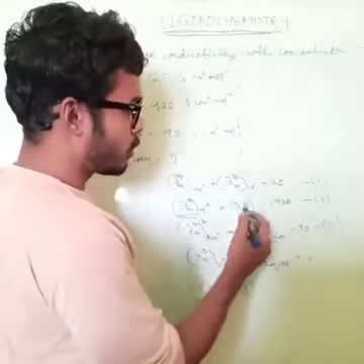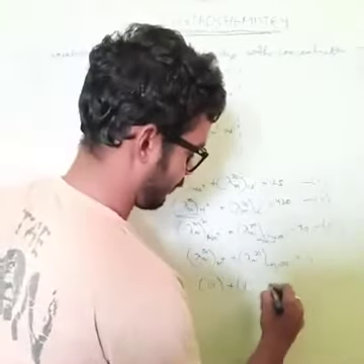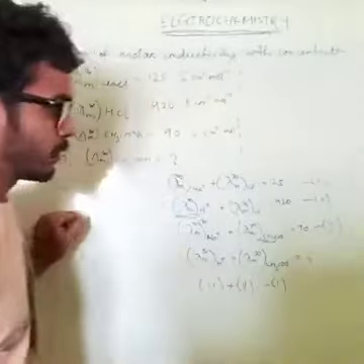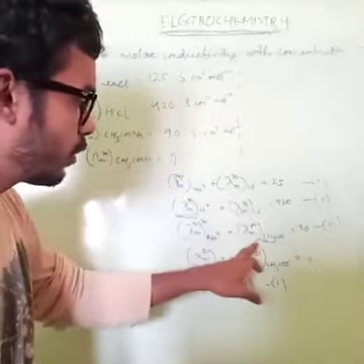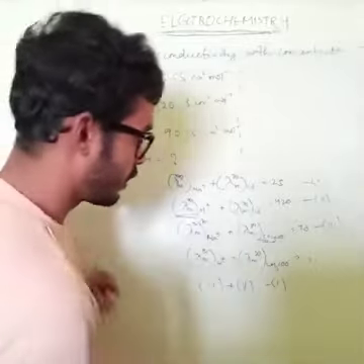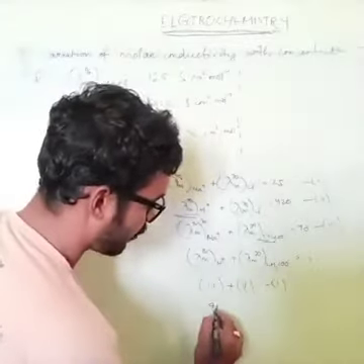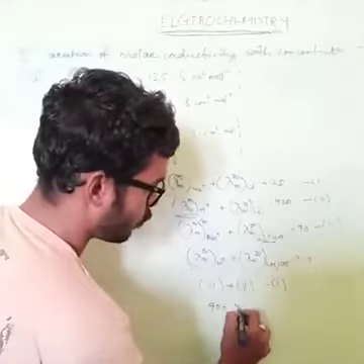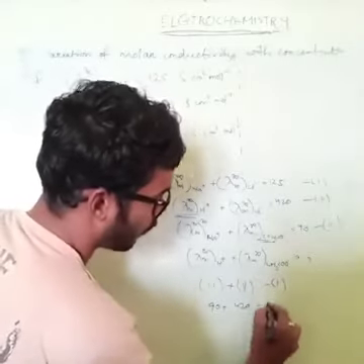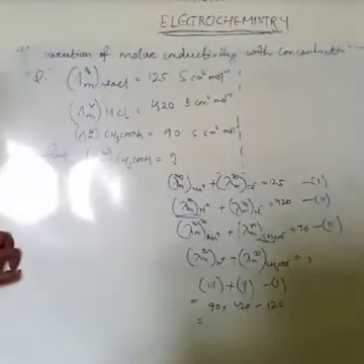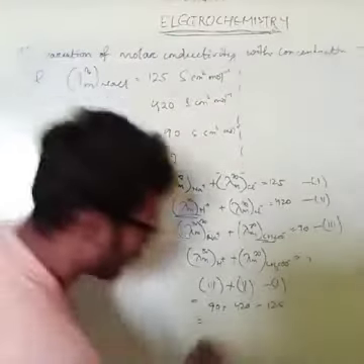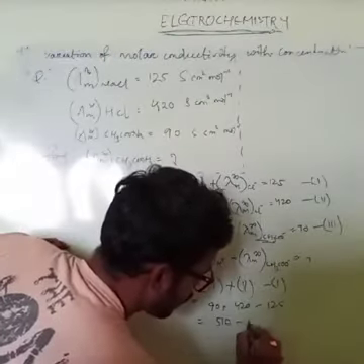So minus this equation 1. So here Na plus and Cl minus will get cancelled, and you will get the value of only this. That means 90 plus 420 minus 125. So 510 minus 125.